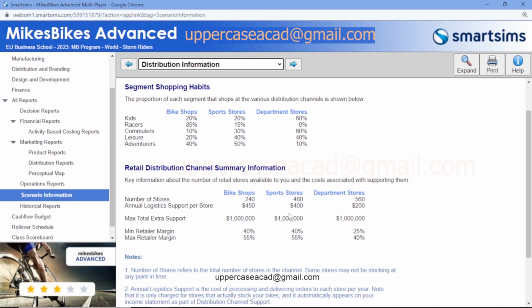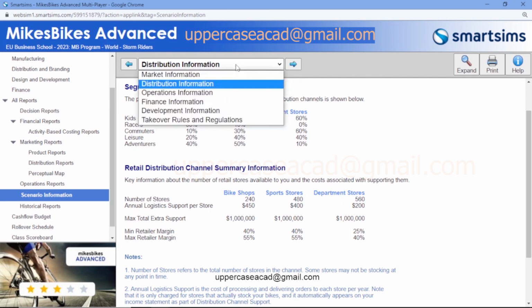So you should also increase your extra funding, because this extra support might provide a promotion campaign to encourage retailers to stock and promote your bikes.